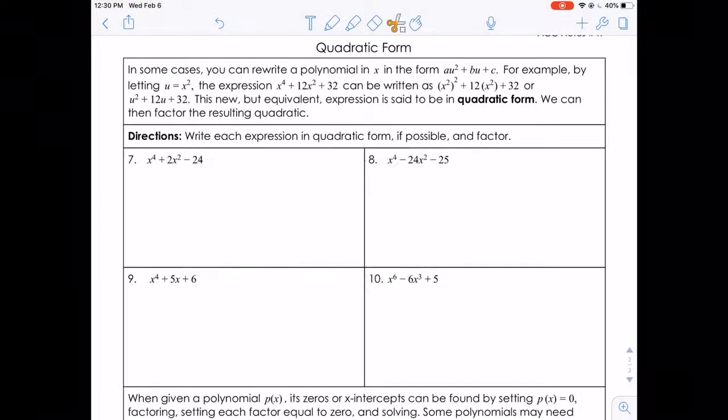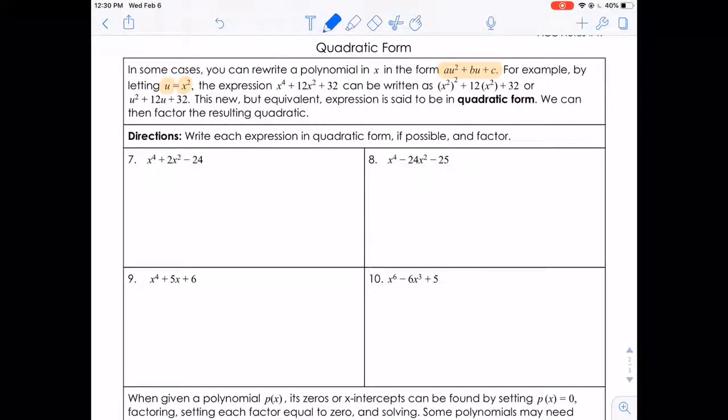So sometimes we can rewrite a polynomial in this same format where there's the a and then the b and then the c. So for example, if we say that u is equal to x squared, right? For this time period, anytime we see x squared, we're going to replace it with u.